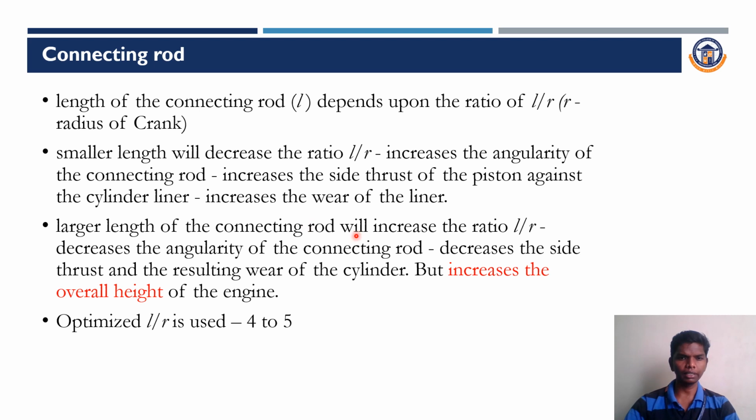A larger length of the connecting rod will increase the ratio L by R, decrease the angularity of the connecting rod, and decrease the side thrust and the resulting wear of the cylinder, but it increases the overall height of the engine. An optimized L by R ratio is 4 to 5. So the connecting rod is a very important component in IC engines, and the optimized range of L by R is 4 to 5.